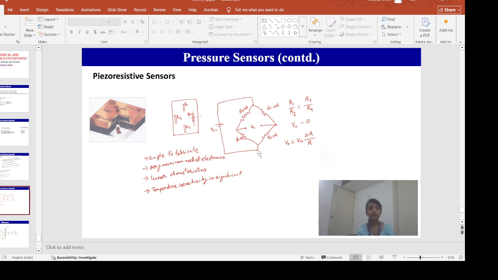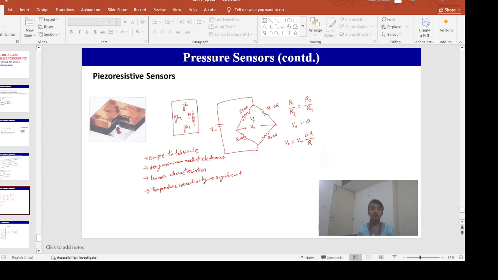Now, let us say the sensor is in such an arrangement where, for example, all these resistance values are R. Whenever the sensor is under some pressure, we have this membrane or cantilever, right?